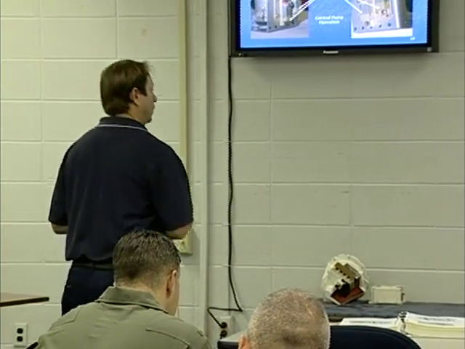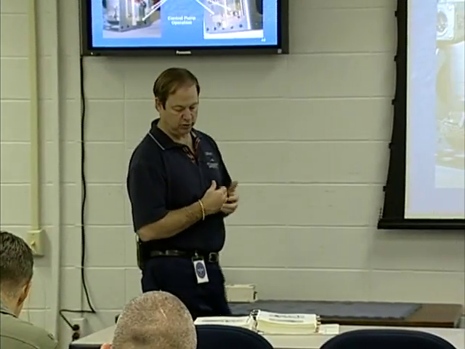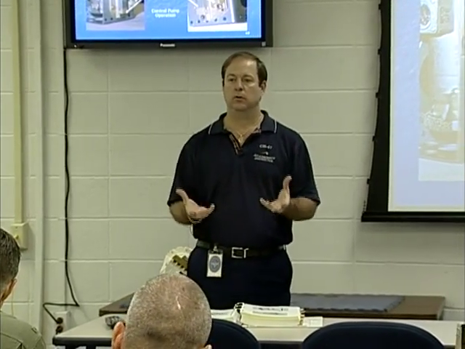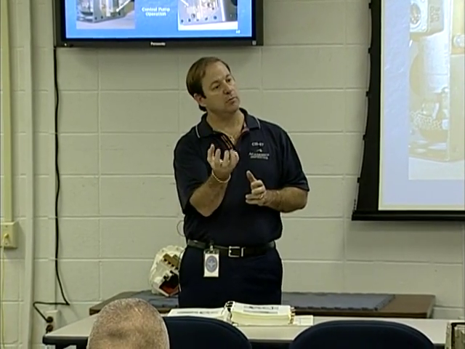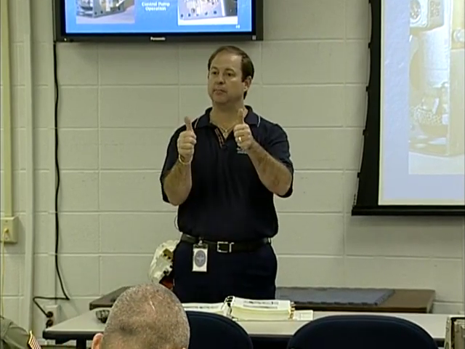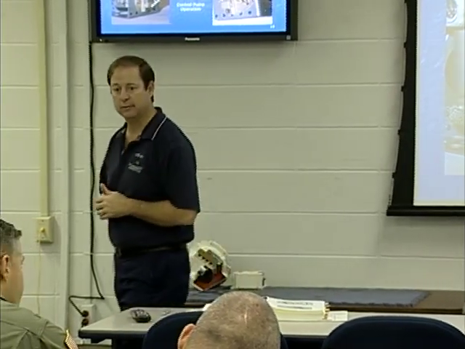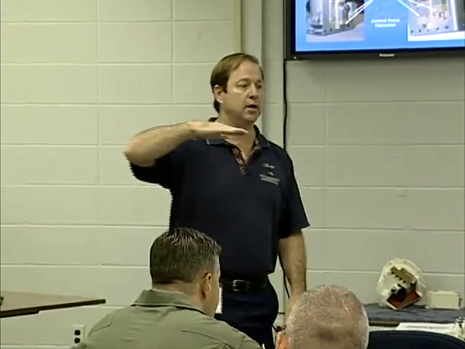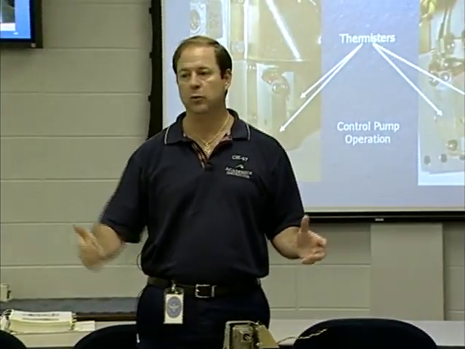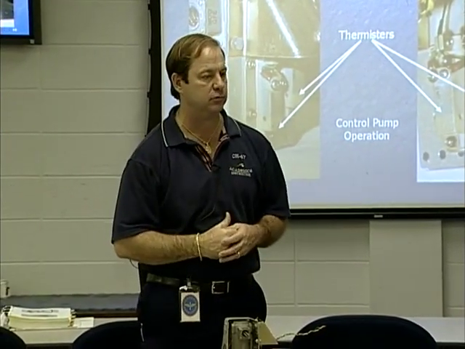Now, how does it work? As long as fuel is keeping those thermistors cool, those pumps are going to continue running. But if those thermistors are uncovered, they're going to heat up and cause that pump to shut down. Which is why, gentlemen, as we're flying along fat, dumb, and happy, as those aux tanks empty themselves, do we ever reach up there and turn off the aux pumps?